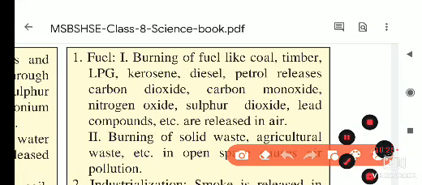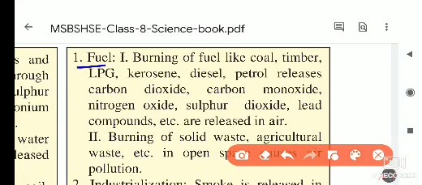So first, why does air get polluted by man-made reasons, and which are those reasons that we will see. First of all, fuel. As we know, we are using petrol, diesel, kerosene, LPG gases, coal, timber. Burning such fuel creates a large amount of carbon dioxide and carbon monoxide.